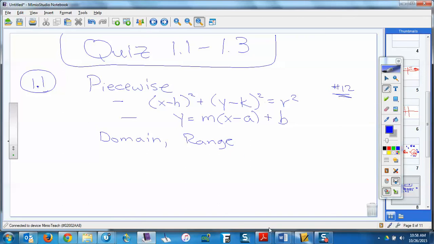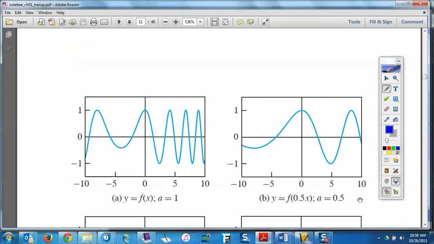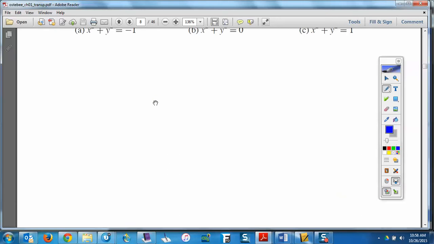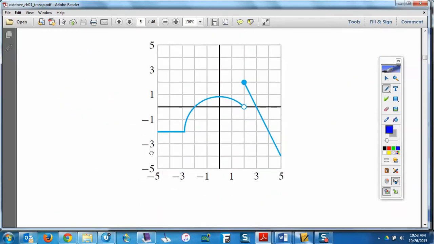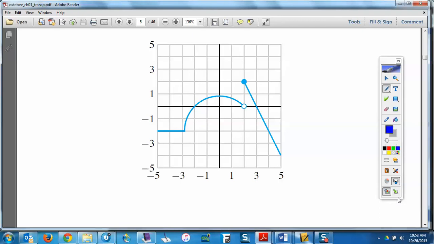But then the other side of that coin would be if I just give you a graph. So for example, I think here's the one right there. What is the domain of that? -5 to 5. We'll assume it doesn't go on to infinity, right? It stops.